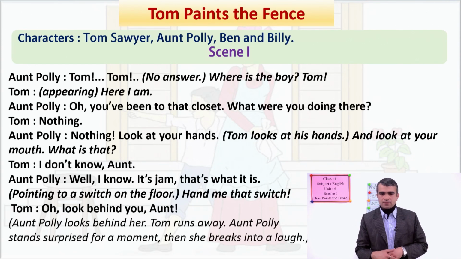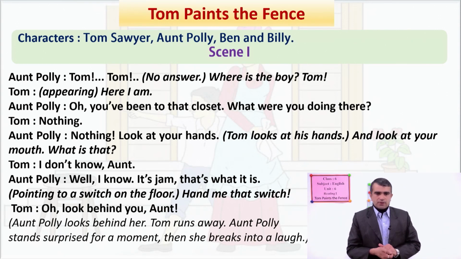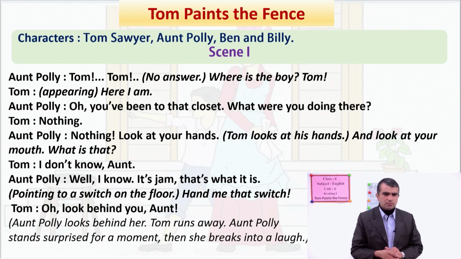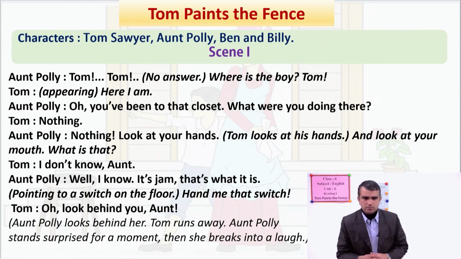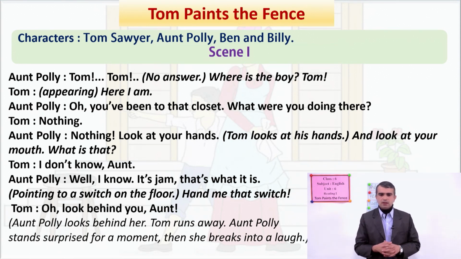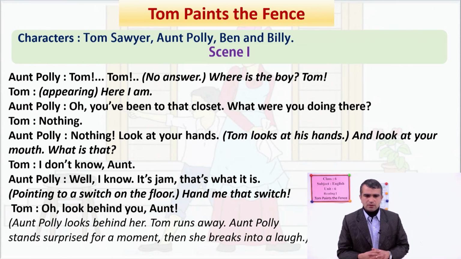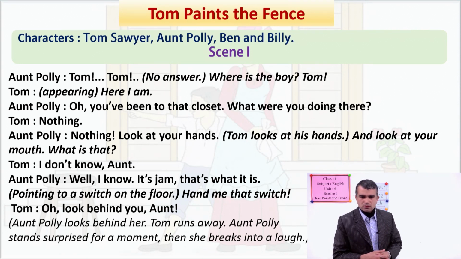Now let me read it first. Aunt Polly. Tom? Tom? No answers. Where is the boy? Tom? Tom appearing. Here I am. Aunt Polly. Oh, you have been to that closet? What were you doing there? Tom. Nothing. Aunt Polly. Nothing? Look at your hands.